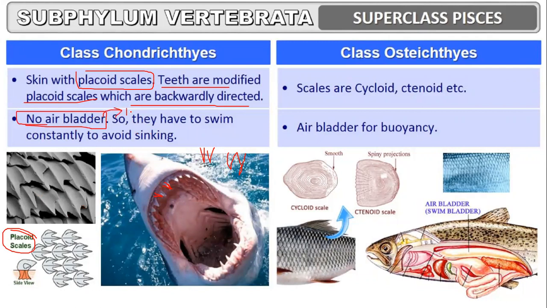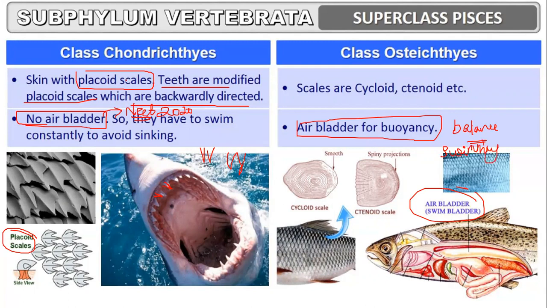NEET 2020 question. Air bladder is present in class Osteichthyes. What is the function of air bladder? Air bladder helps in maintaining buoyancy, to maintain balance, and it helps them to swim. And you also have learned that the skin is covered with placoid scale in Chondrichthyes, whereas in Osteichthyes, the scales may be cycloid or ctenoid.